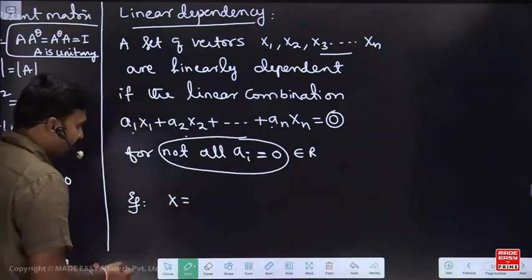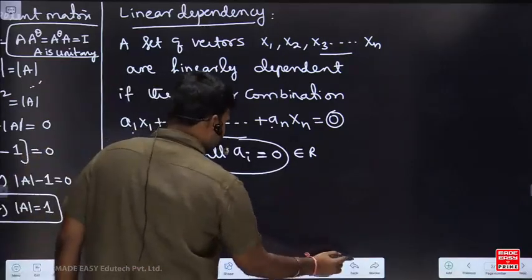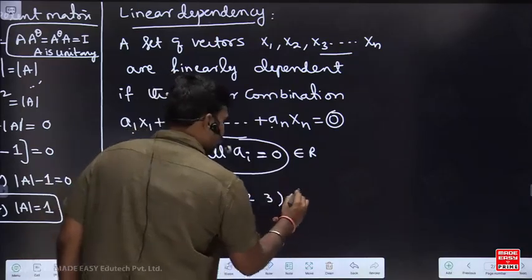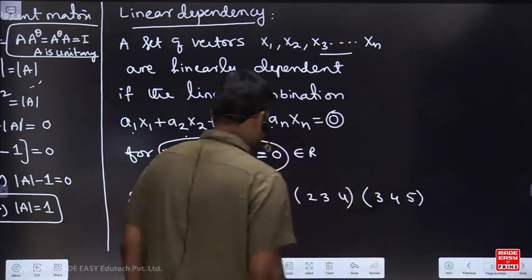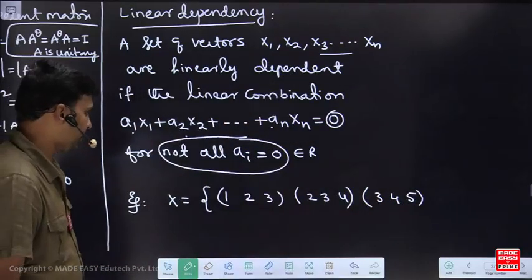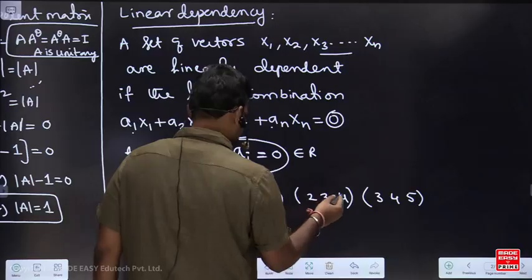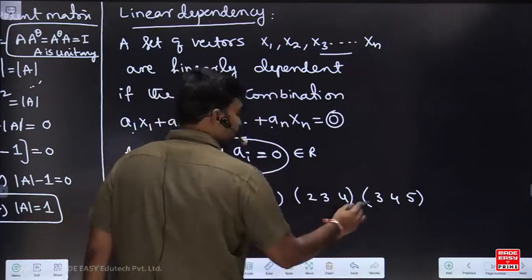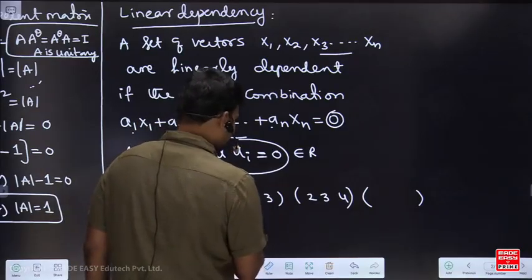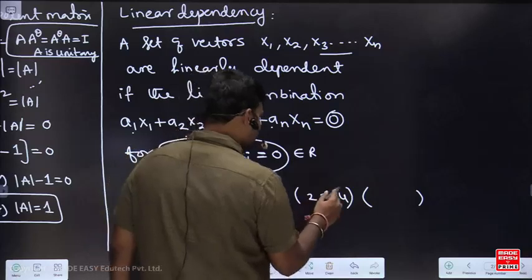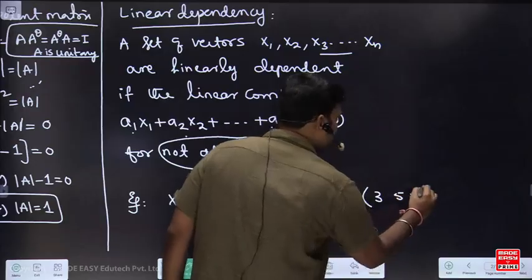अगर आपको एग्जाम्पल चाहिए, so I will show you one example here. Now I am taking some set of vectors here like 1 1 1. Okay, now let me write like this, otherwise 1 2 3 here, right? 2 3 4 here, and then 3 5 7 here, right?